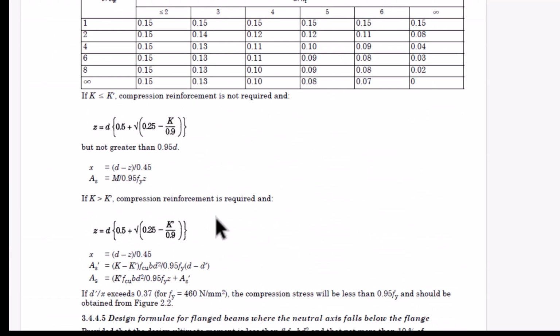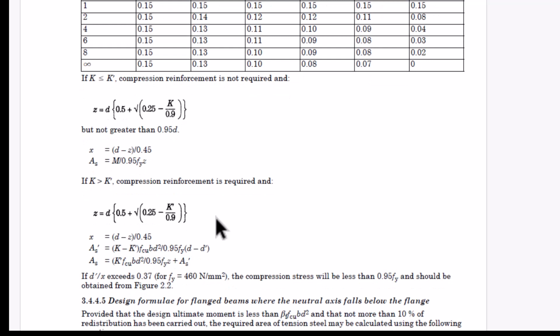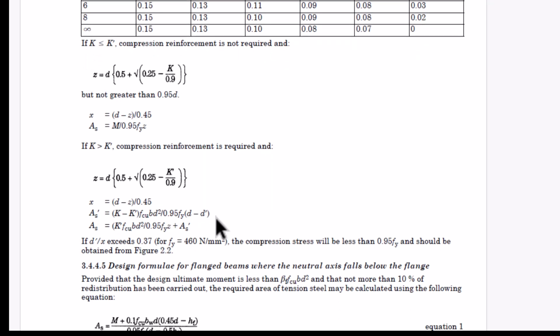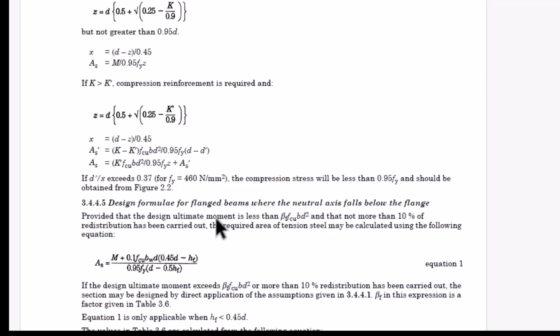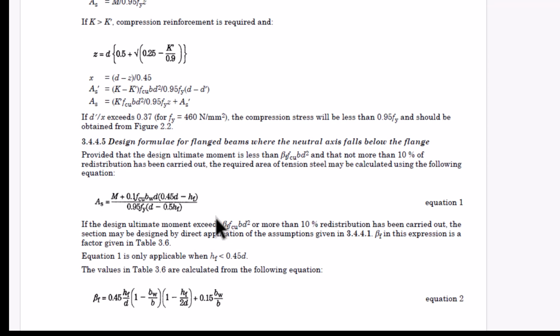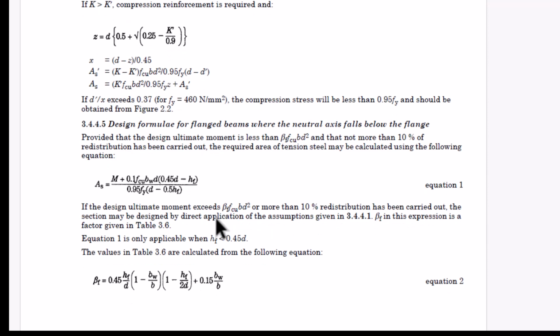According to this code, it says if your K is less than K prime, then of course we know that our K is greater than K prime, because K prime is 0.156. So I'm going to go to this version. So compression reinforcement is required.